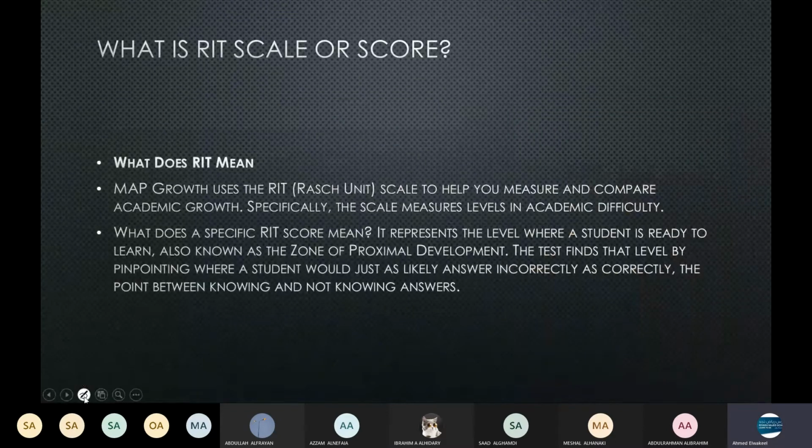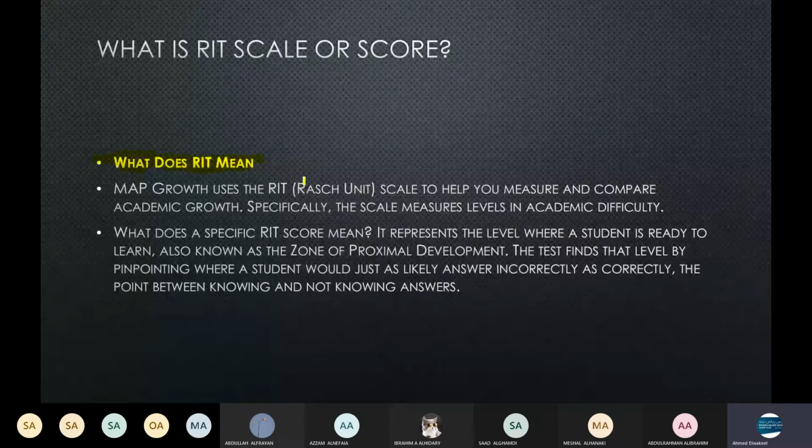So, what is a RIT? To speak about the RIT, all we need to know is that this scale measures the levels in academic difficulty.